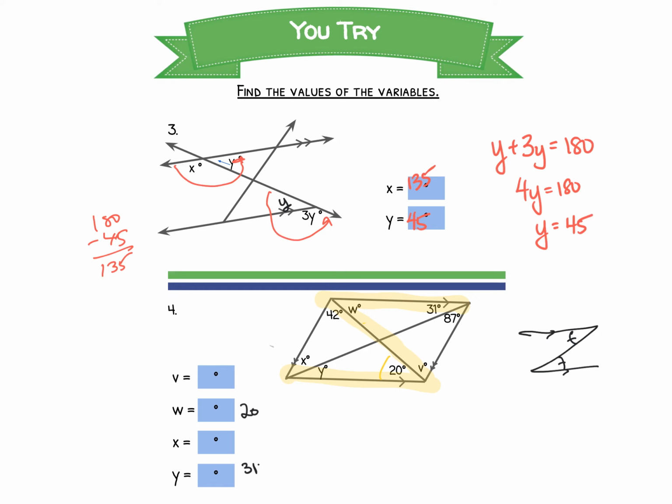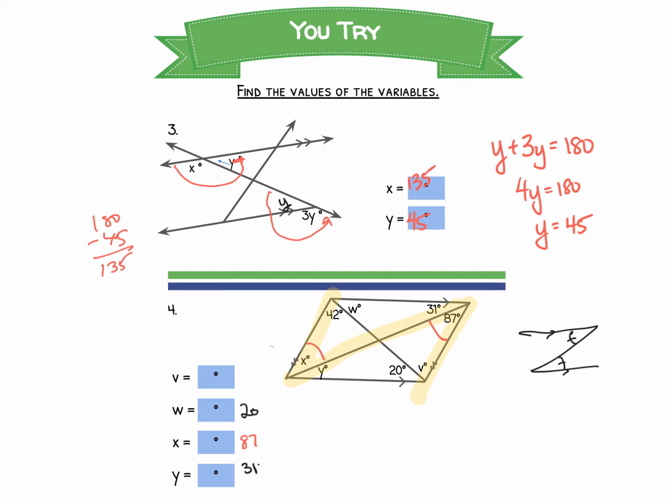All right, so let's look at another set of parallel lines. So let's look at this parallel line and this parallel line. This time let's use this transversal. So again, looking for my z and the angles that are tucked into the z, that would be these two. So x is going to be 87 degrees.